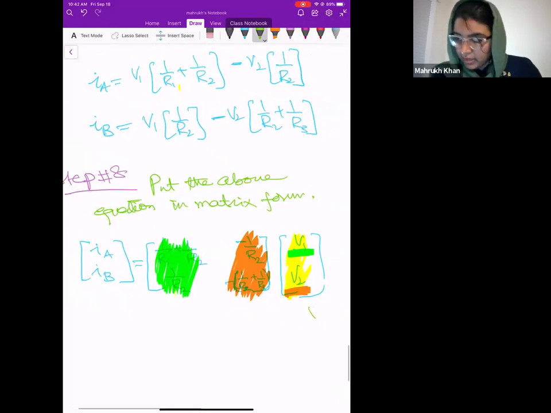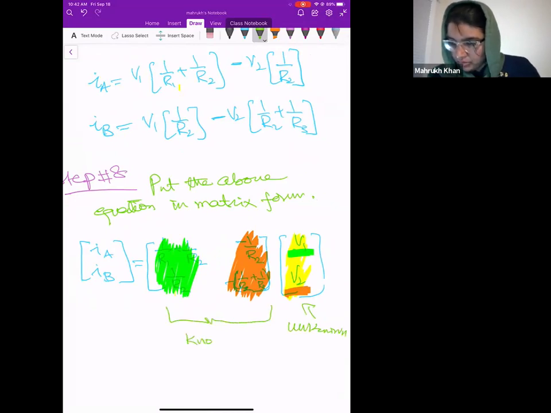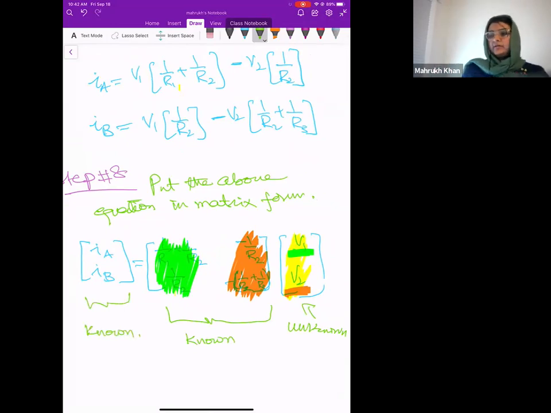And this is our unknown. This is known. And this is known. So we can find the inverse of the matrix to solve it, okay? So do you think that it's hard to make the matrix from the equation?